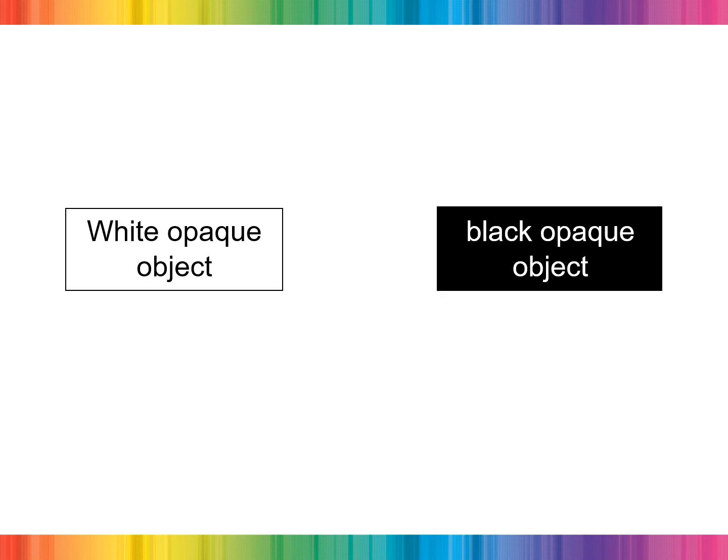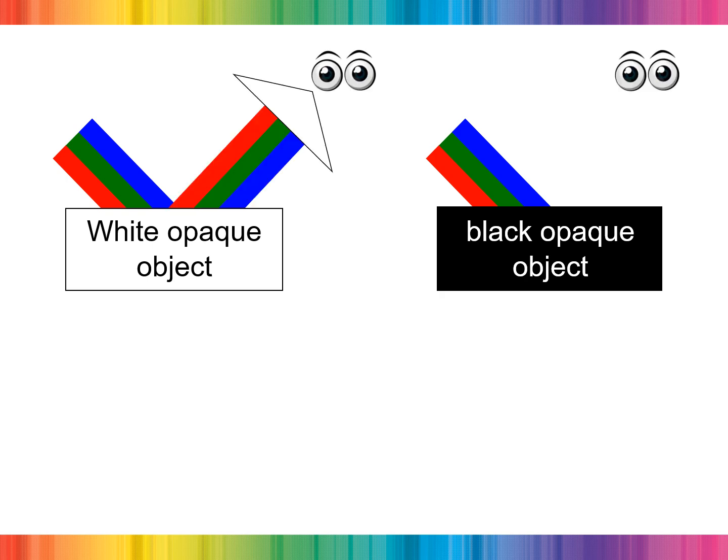Now for colors, we need to understand that this is the way our eyes receive the wavelength, and then our brain interprets the color from there. It's also good to know how a white opaque object works to us and how a black opaque object will work. If you have white light shining onto a white opaque object, you have all the wavelengths reflected from the surface to our eyes.